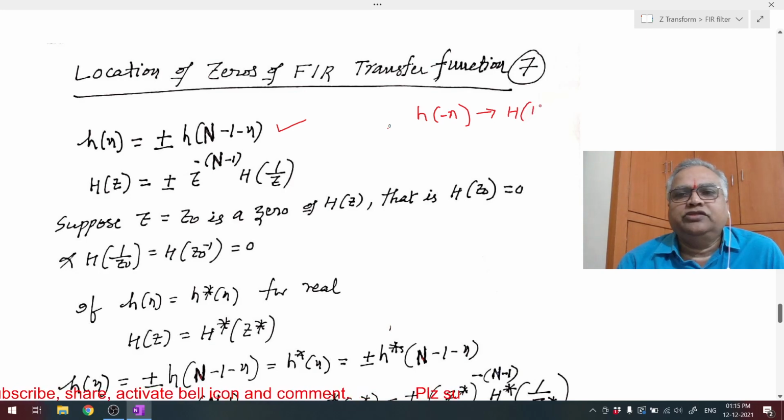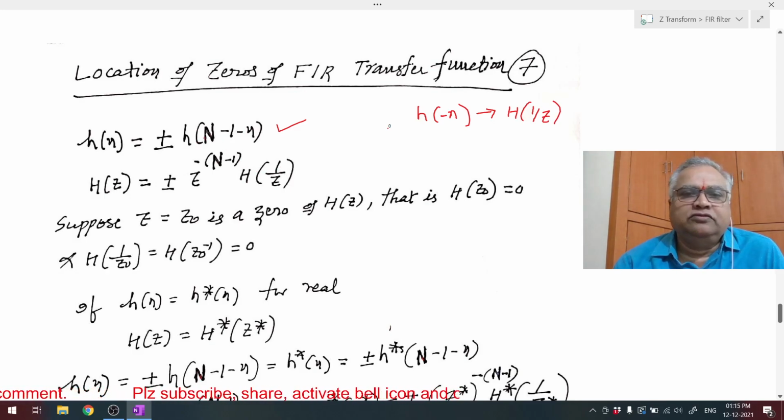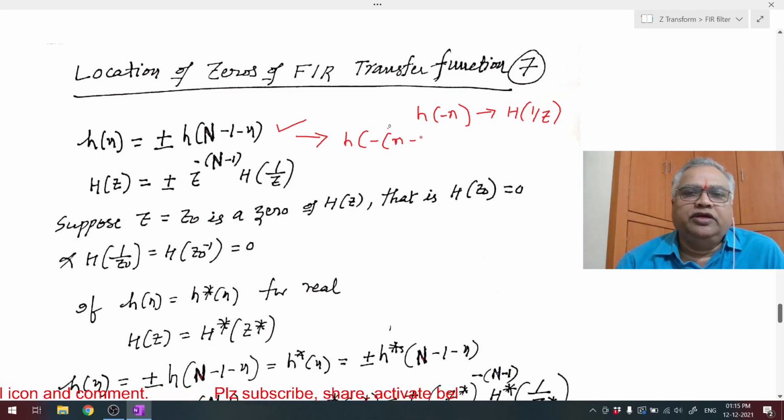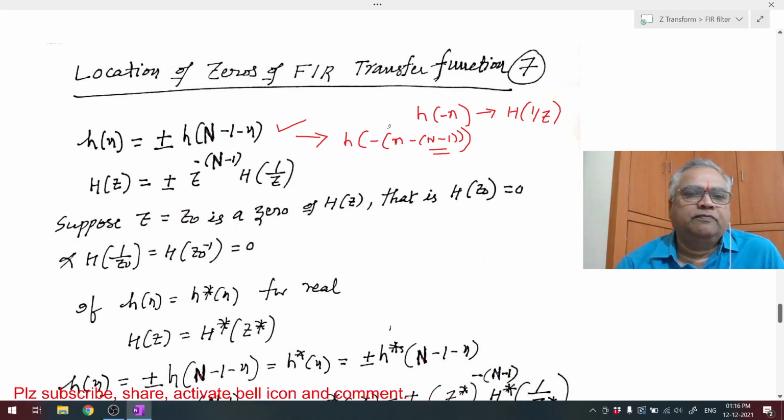H of 1 by Z. Because of minus n, here H of 1 by Z and delayed with n minus 1, because we can also write this as H of minus of n, then minus of n minus 1. So H of minus n is there, therefore H of 1 by Z delayed with n minus 1. So Z power minus n minus 1 using time shifting property.